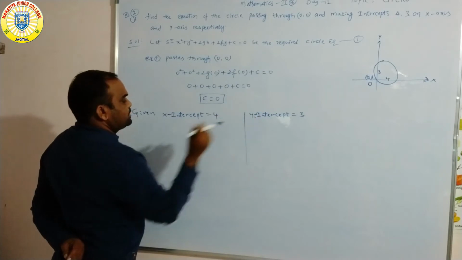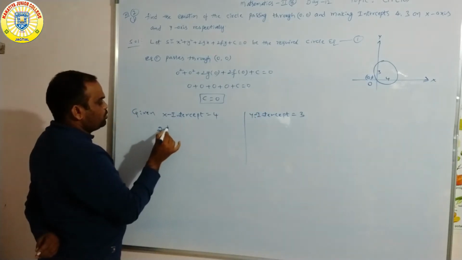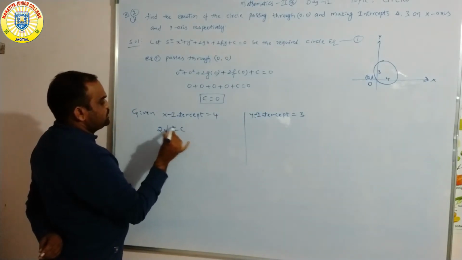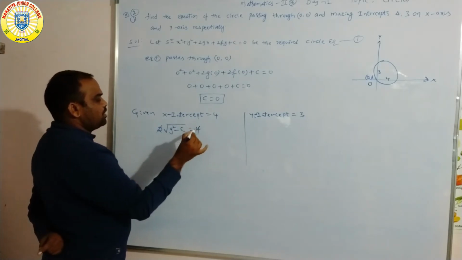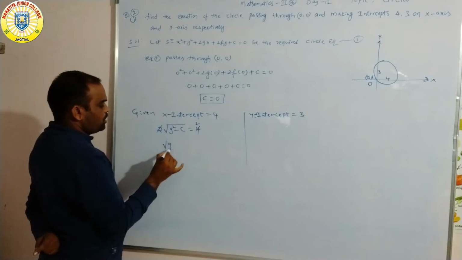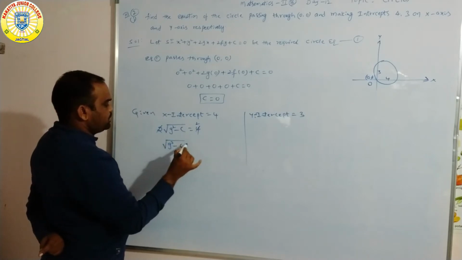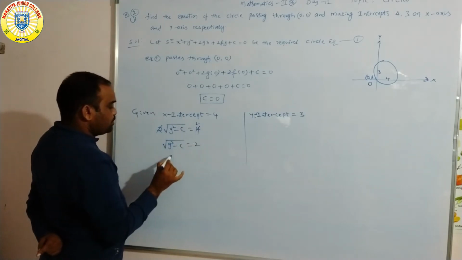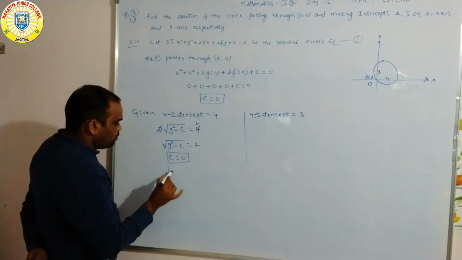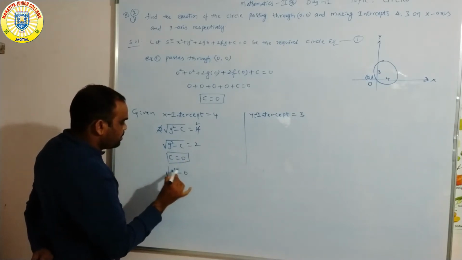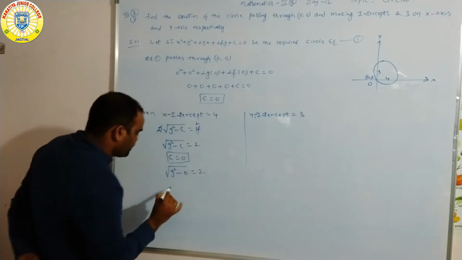Here the x-intercept is equal to 2 into under root of g square minus c, which is equal to 4. Two ones are two, two twos are four. So under root of g square minus c is equal to 2. c is equal to 0. Under root of g square minus 0 is equal to 2.